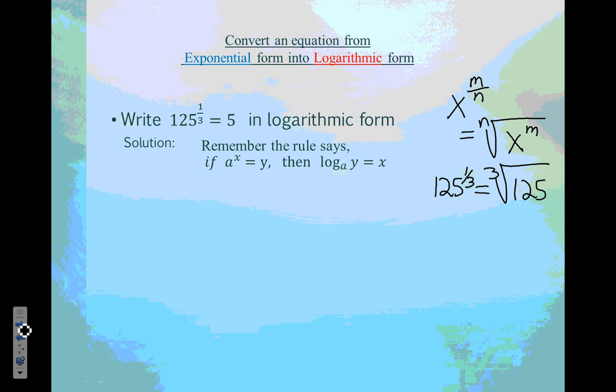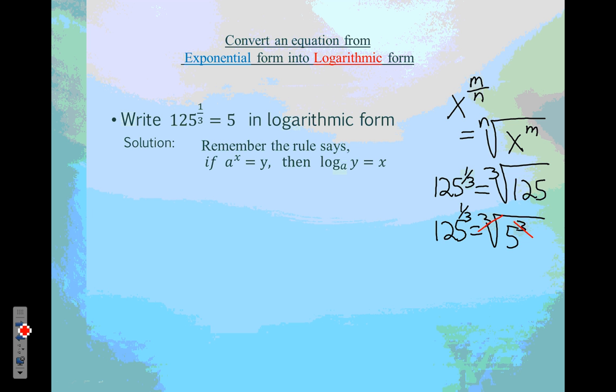Well, that is 3. I'm sorry, that's 5. So you can say 125 to the 1/3 power is the same as the cube root of 5 cubed. The 3 with the radical cancels with the 3 with the exponent, which gives you 5. So it makes sense that 125 raised to the 1/3 equals 5. So we proved the exponential portion.